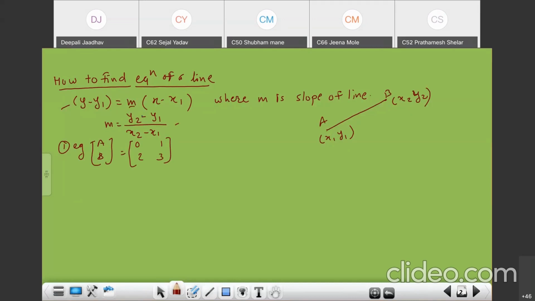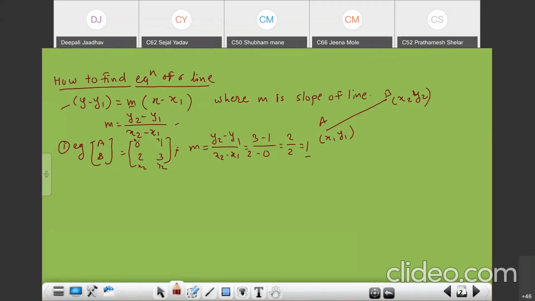First we need to find m, the slope of the line, which is y2 minus y1 upon x2 minus x1. Here this is x1 and y1, and this is x2 and y2. So 3 minus 1 divided by 2 minus 0, which is 2 divided by 2, that is 1. The slope of this line is equal to 1.